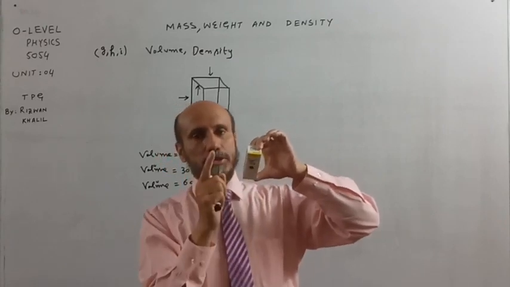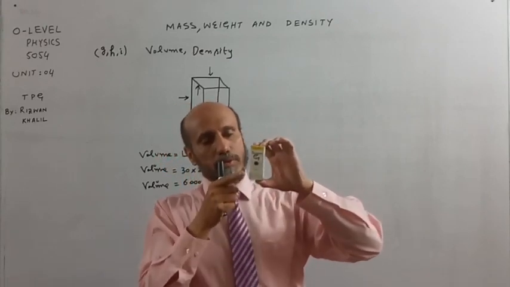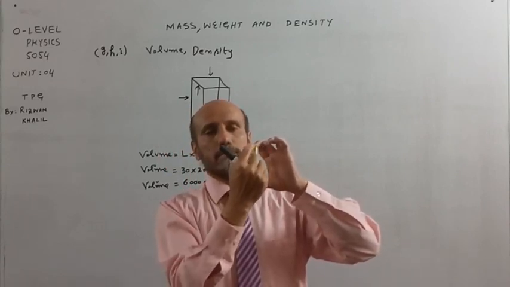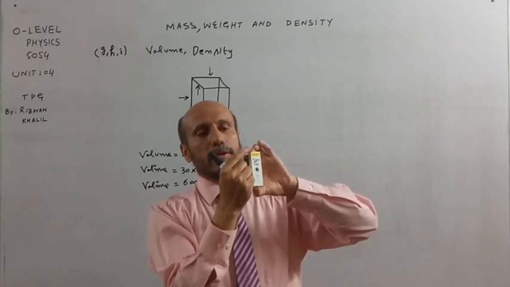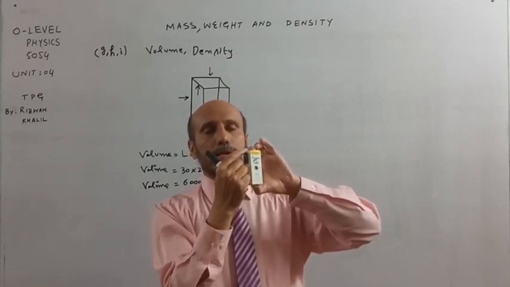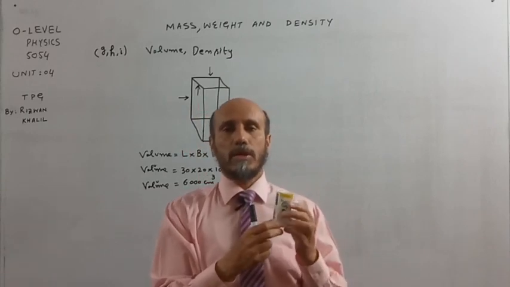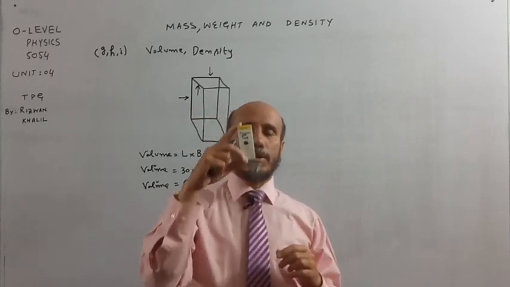So three measurements I have to do. I will measure the length of this side, and then the third one, and I will multiply all these three measurements to get the volume of this regular shaped body.